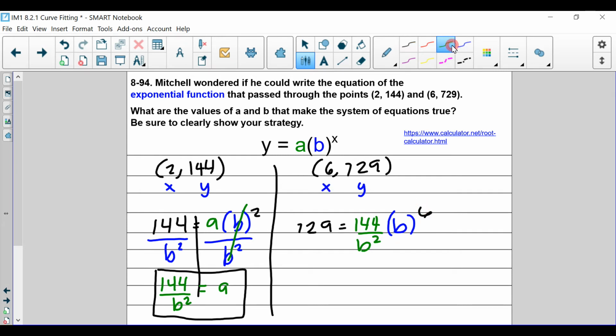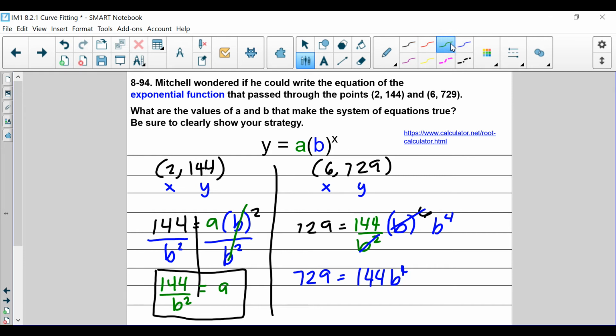Now what's going to happen is we're going to notice there's a B value on top and a B value on the bottom. So these guys are actually going to cancel. And we're going to be left with B to the 4th power. Why is that? Because 6 minus 2 is 4. So now we have 729 is equal to 144 B to the 4th power.